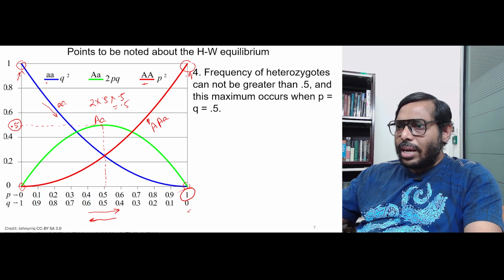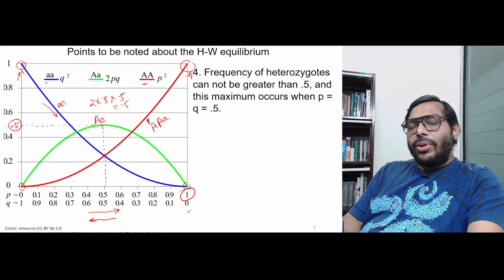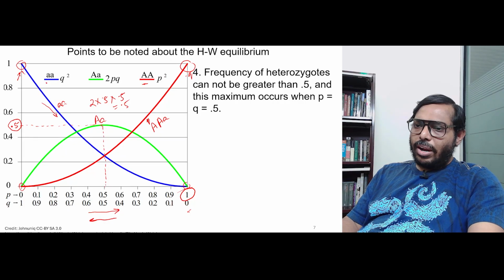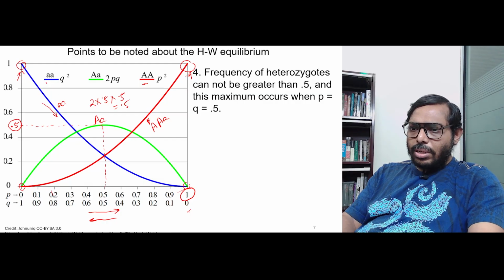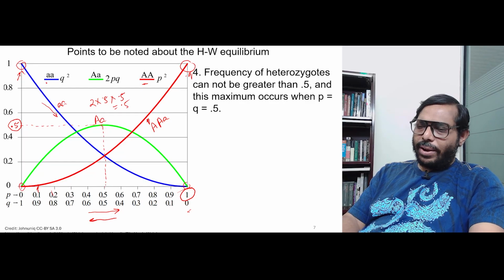The next point is a slightly more subtle point, and it is related to the relative frequency of the homozygotes and the heterozygotes. Now, look at some point over here. This is where p is 0.1 and obviously p squared is very small, it is 0.01.